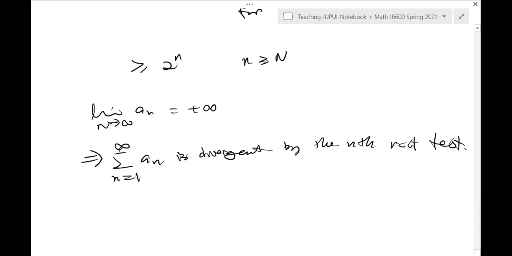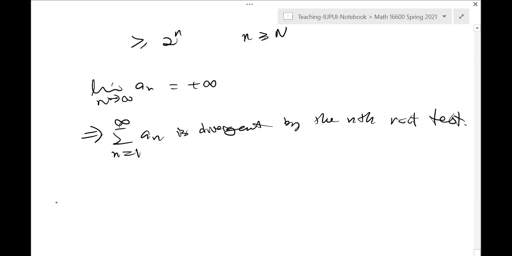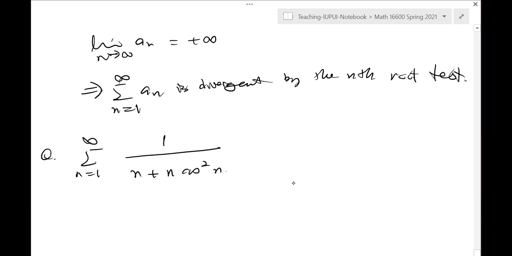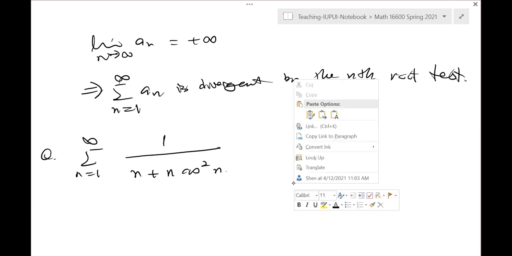All right, so here, next problem. This is problem number 34, I think. N over n plus n cosine squared n. Yeah, please think about this problem and see whether it's convergent or divergent and prove it.